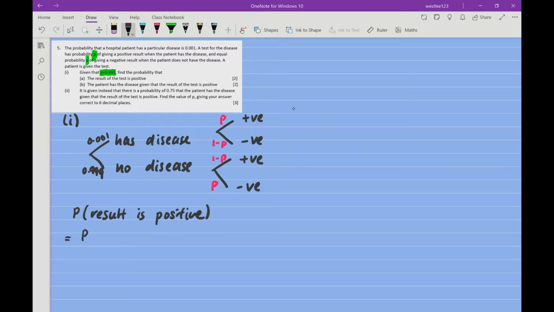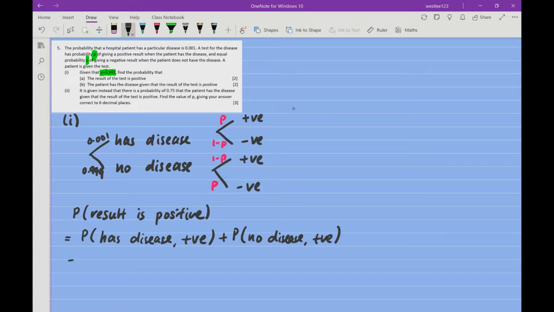So the first possibility is the patient has disease and is tested positive, which is very likely if he has the disease already, okay? Or the patient has no disease, but for whatever reason, he is also being given a positive result.